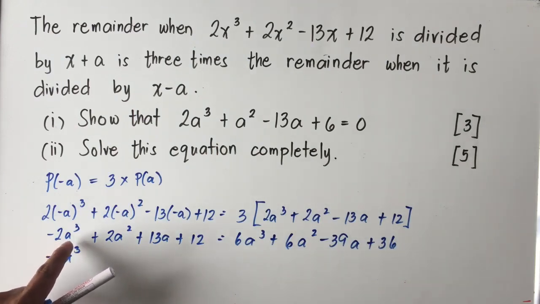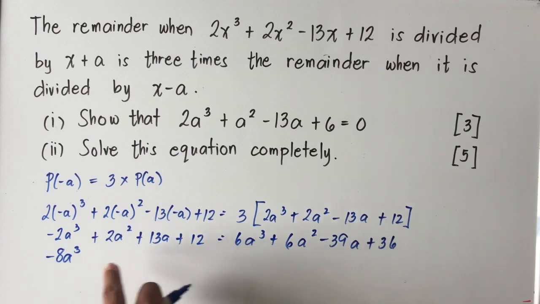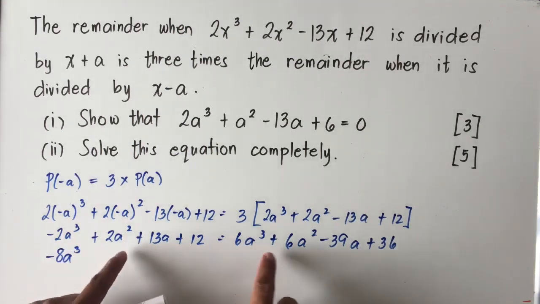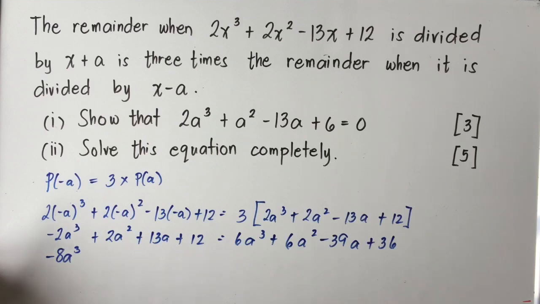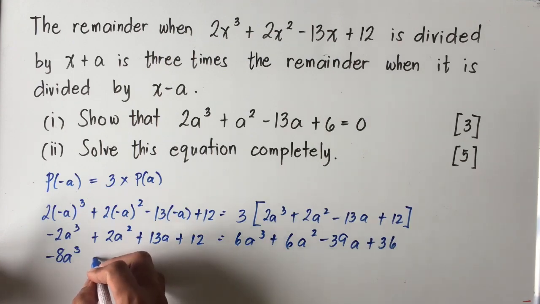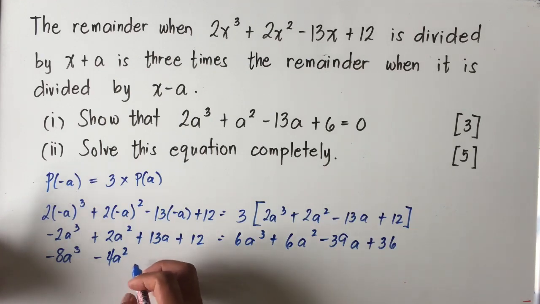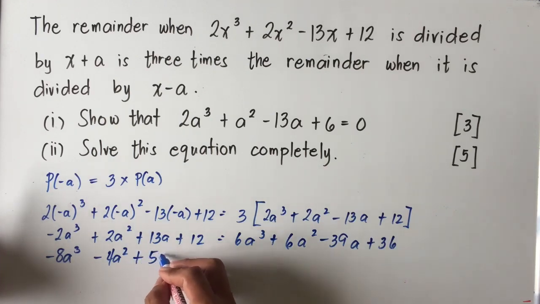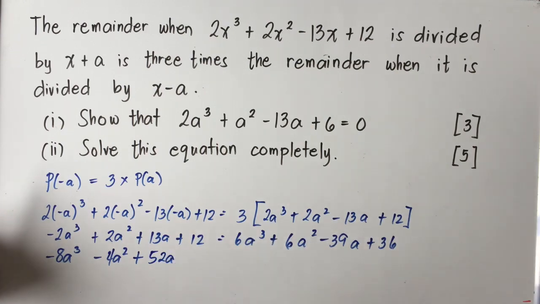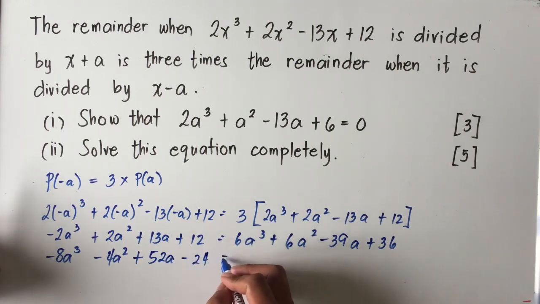Because negative 2a cubed minus 6a cubed is negative a cubed. 2a squared minus 6a squared is also negative 4a squared. Next, 13a plus 39a will give 52a, so plus 52a. 12 minus 36 will be negative 24, equal to 0.